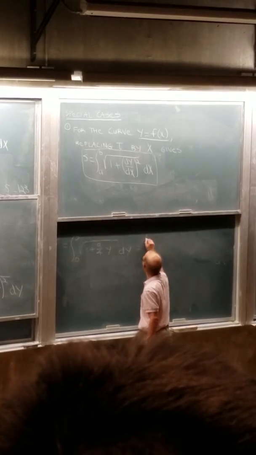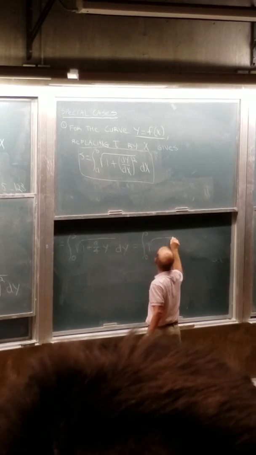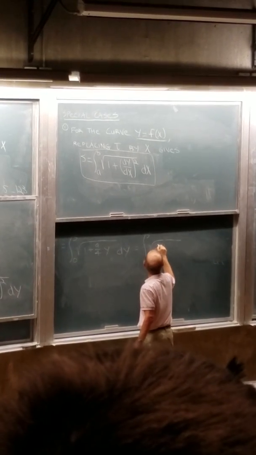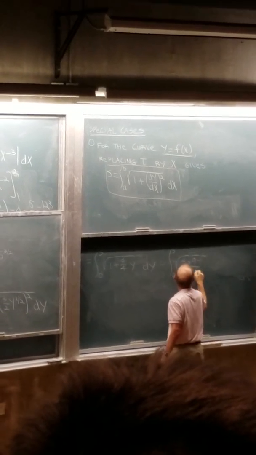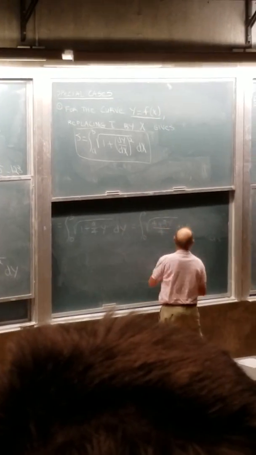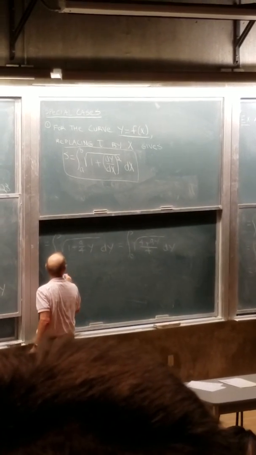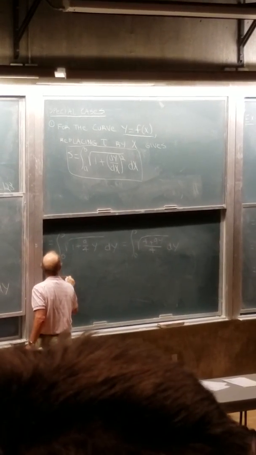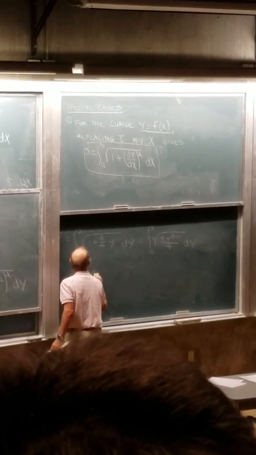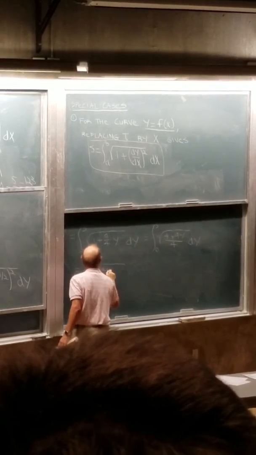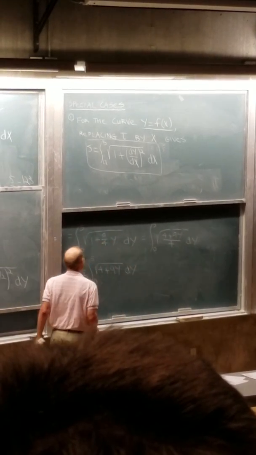So we write this as the integral from 0 to 5, and putting this over a common denominator, we get 4 plus 9y over 4 dy. Then we can write that as the square root of 4 plus 9y over the square root of 4, which is 1/2 the integral from 0 to 5 of the square root of 4 plus 9y. I'm just doing this to avoid working with fractions, to make it a little bit easier to calculate.